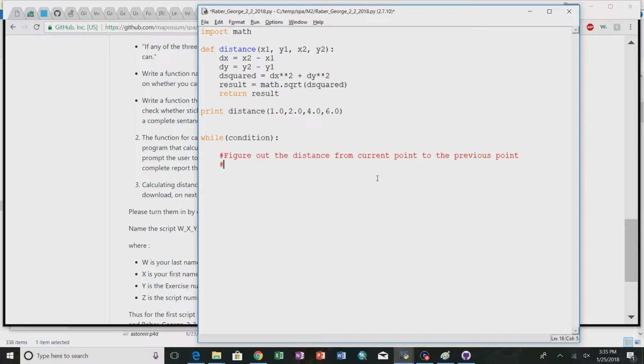And then we need to add that distance to the running total. So we need to figure out the distance from the current point to the previous point, and then we need to add that distance that we get to the running total. And then another thing that we need to do is find out if they want to continue.